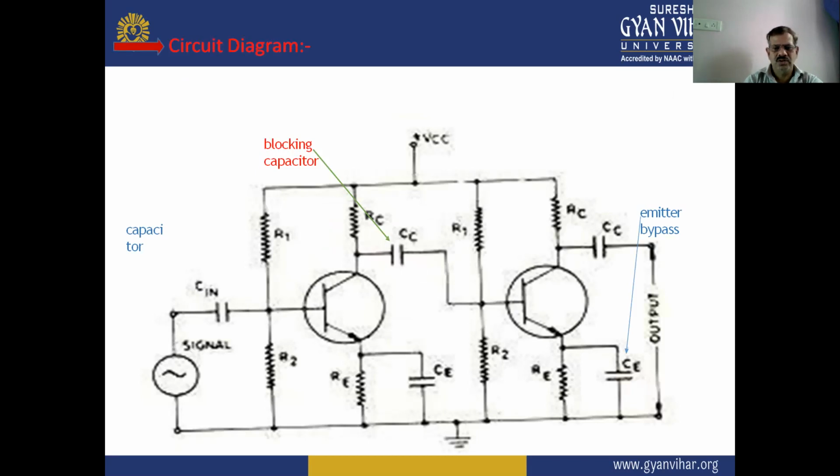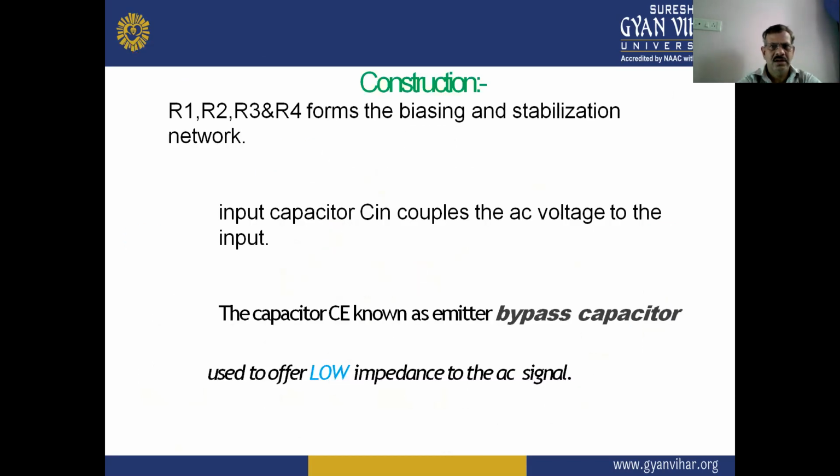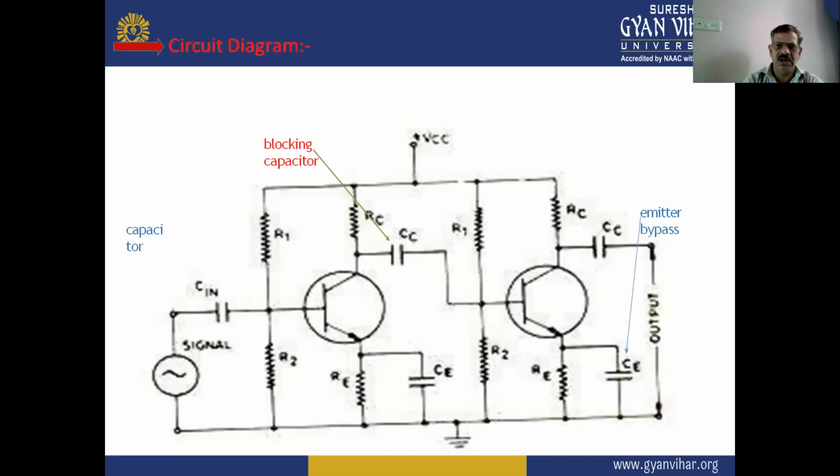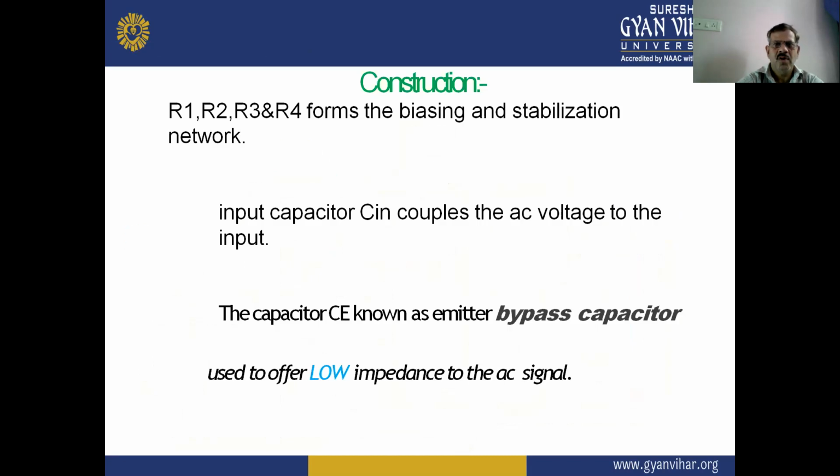So this circuit diagram shows the two-stage RC coupled amplifier, in which coupling is done by the capacitor. Here R1 and R2, R3 and R4 in this two-stage RC coupled amplifier form the biasing and stabilization network. That is the use of R1, R2, R3 and R4.